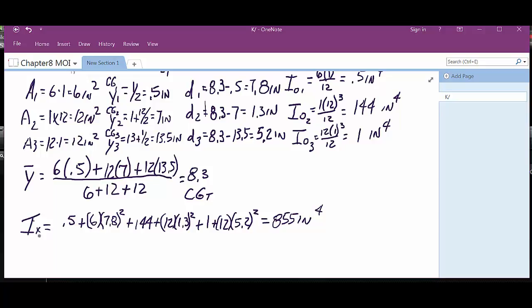So it would just be the 0.5 plus 144 plus 1? No. It would be the 6 plus 12 plus 12 divided by, or excuse me, I was looking at the wrong calculation. Yeah, the 0.5 plus 144 plus 1. Don't we have it on IOY then, which is HB3 over 12? Well, it wouldn't be those numbers because you would have to go back and calculate it, because your moment of inertia would change for all of those.